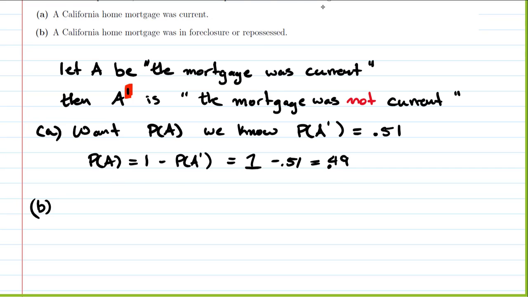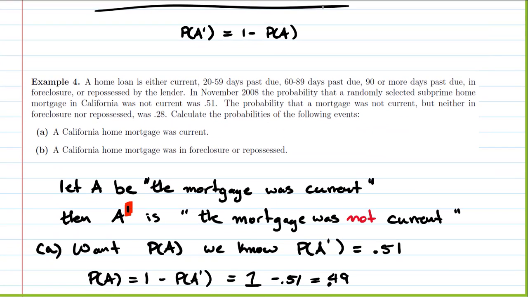California home mortgage was in foreclosure or repossessed. The probability that a mortgage was not current, but neither in foreclosure nor repossessed, was 0.28. Okay, that's going to be our key, right?